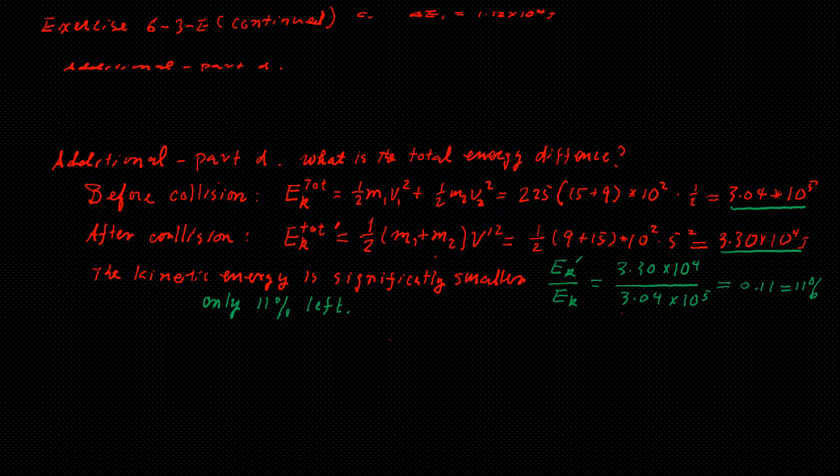So it's smaller. But before the collision, it was bigger, actually way bigger, 2 times 10 to the 5th joule. So then subtraction, you will get a negative number. It is negative 1.9 times 10 to the 5th joule. So joules are lost. Most of the truck's kinetic energy is lost.